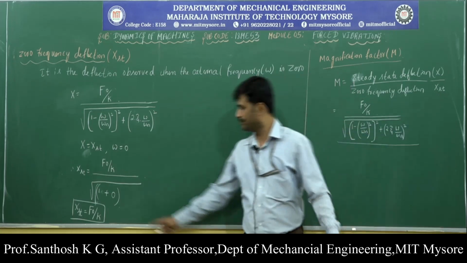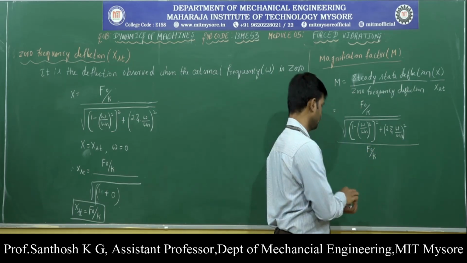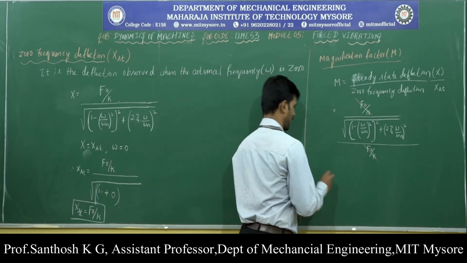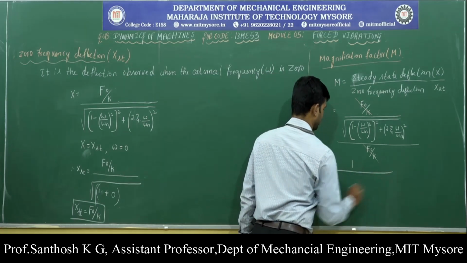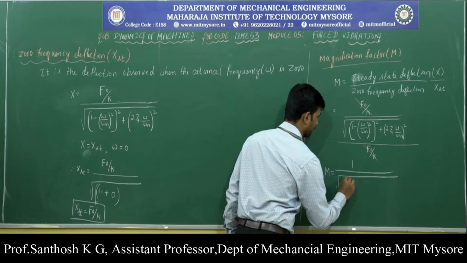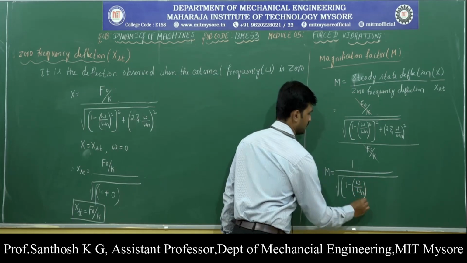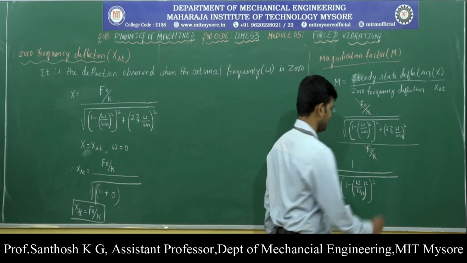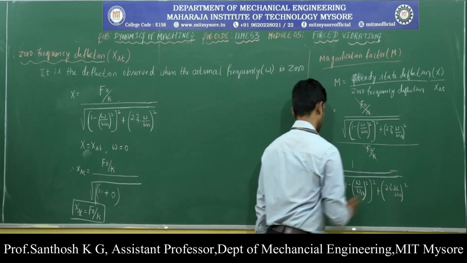So XST is F naught divided by K. The F naught by K and F naught by K will cancel out, and I get the value of M as 1 divided by square root of 1 minus omega divided by omega n whole square, plus 2 zeta omega divided by omega n whole square.